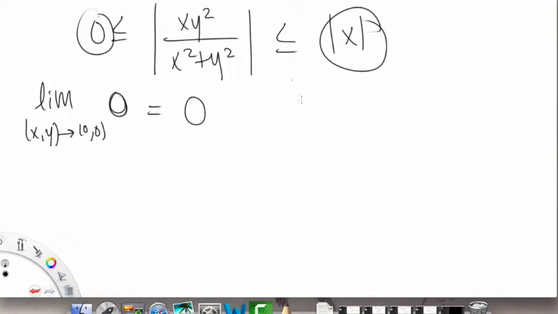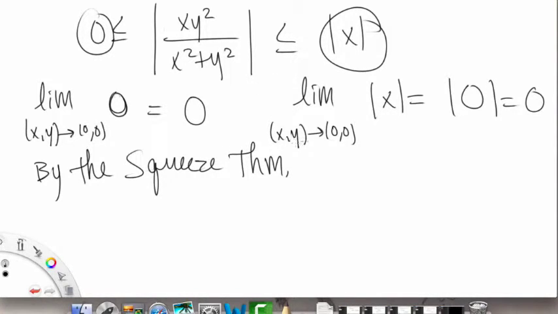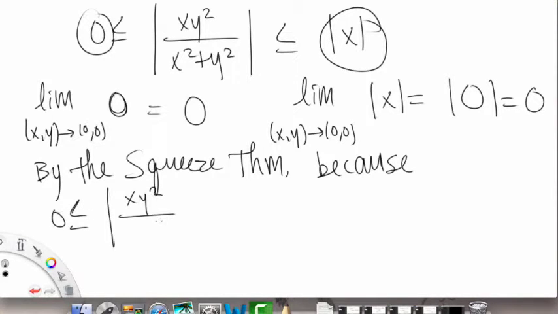What if we took the limit of this one? Then the limit as (x, y) goes to (0, 0) of the absolute value of x is also going to be 0, right? So that means by the squeeze theorem, because or since, whatever way you want to phrase it, we have that inequality here, 0 is less than or equal to the absolute value of xy squared over x squared plus y squared, which is less than or equal to the absolute value of x.